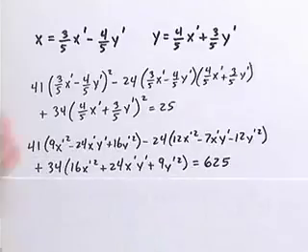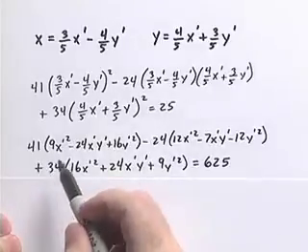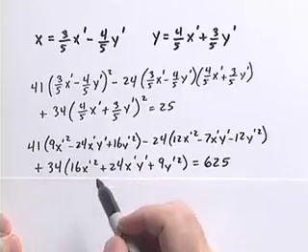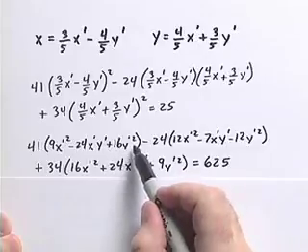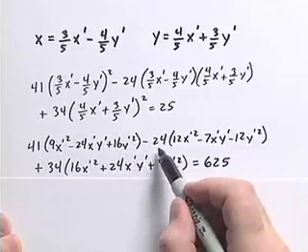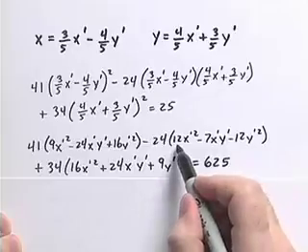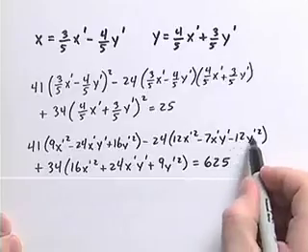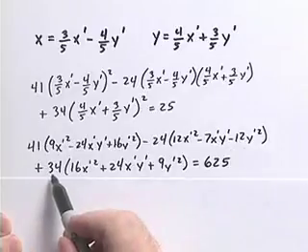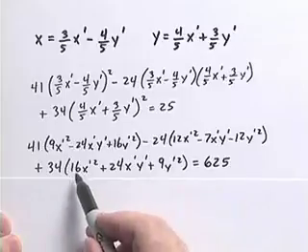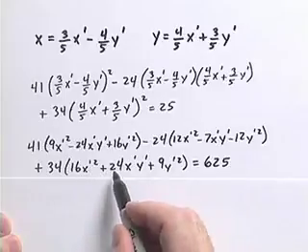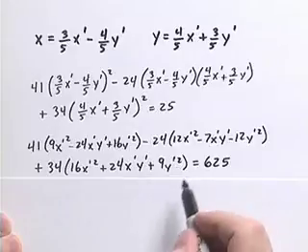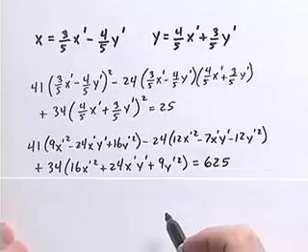We'll end up with 41 times, in parentheses, 9x prime squared minus 24x prime y prime plus 16y prime squared. Then here we'll have minus 24 times, in parentheses, 12x prime squared minus 7x prime y prime minus 12y prime squared, plus 34 times 16x prime squared plus 24x prime y prime plus 9y prime squared, and then all of that's going to be equal to 625.